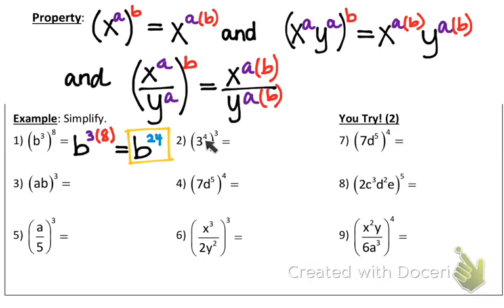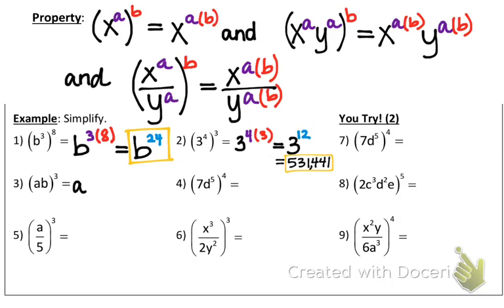The base of 3 is raised to the power of 4. So, using our property, we have 3 to the 4 times 3, which becomes 3 to the 12th. Since 3 is a numerical base, we can evaluate 3 to the 12th, which is 531,441.